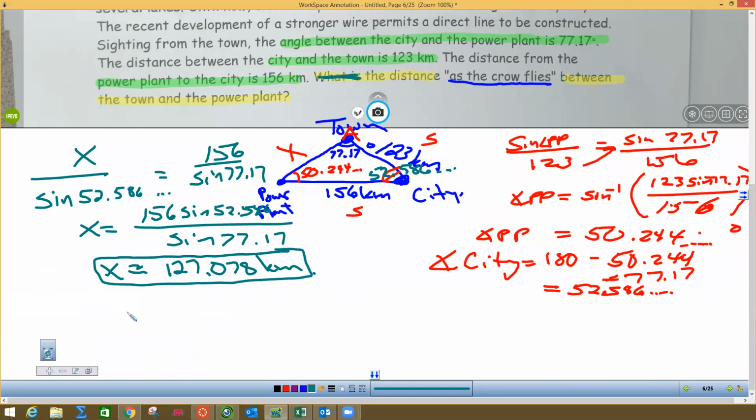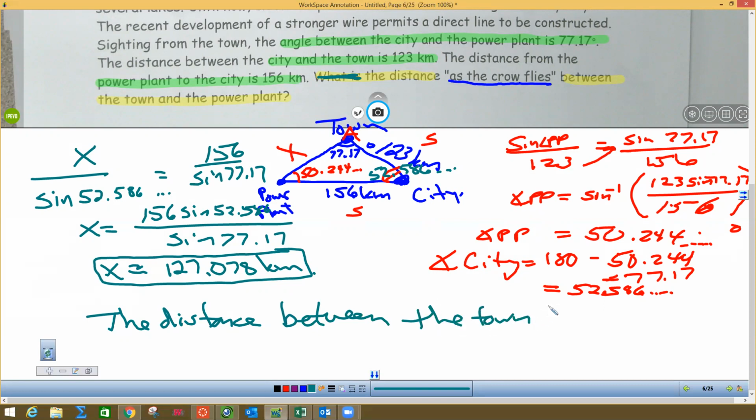And you're gonna say the distance, and you do not need to put in as the crow flies, between the town and the power plant. Now, do you see how I almost wrote what it said up there except for the question part?